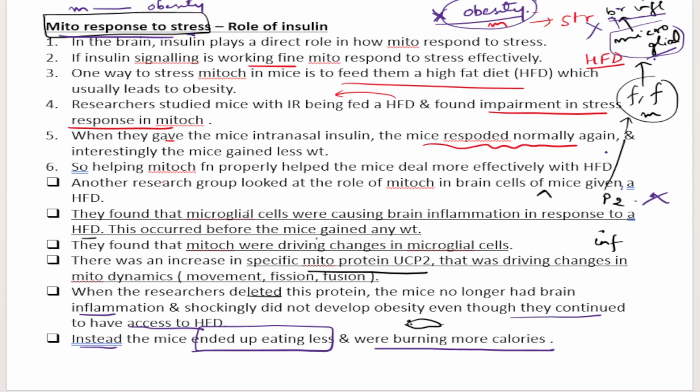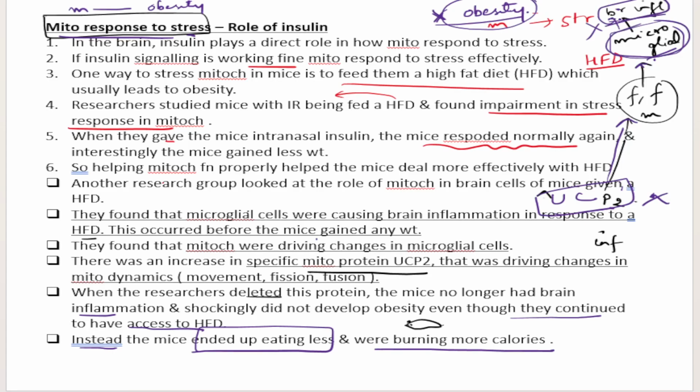There was this mitochondrial protein called UCP2, which was causing changes in mitochondrial dynamics, and it was affecting the microglial cells to cause brain inflammation in mice in response to high fat diet, which in turn was leading to obesity.